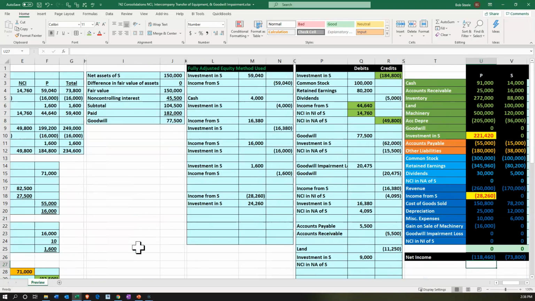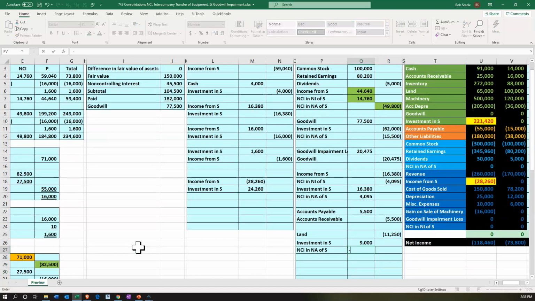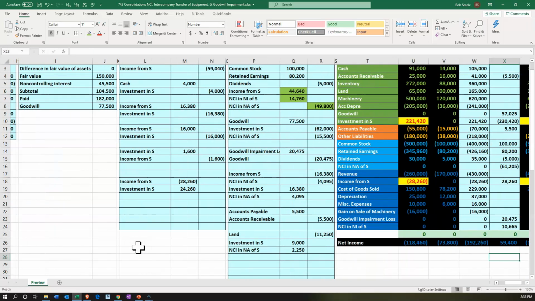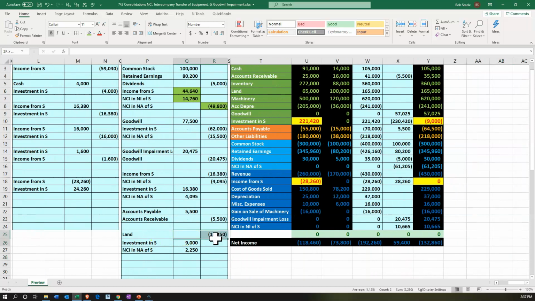Then you can use the negative sum formula, but I'm going to use this formula. So I'm going to say negative that number times 1 minus the 80%, or 20%. When you look at the worksheet, you can see that. Hopefully that'll give you more information. Then that should be it. That should tie out. That adds up to 0.